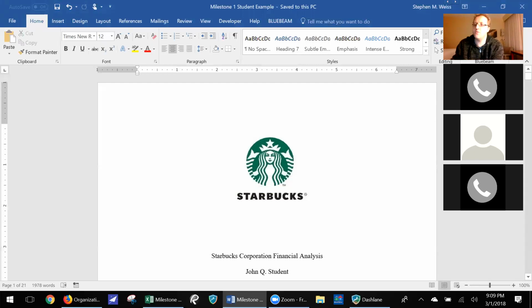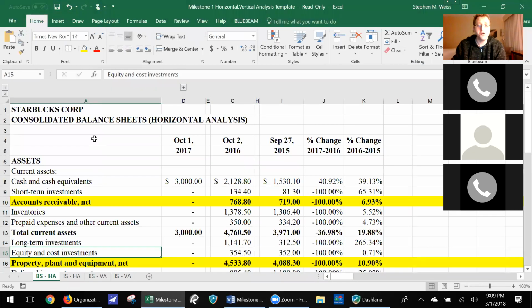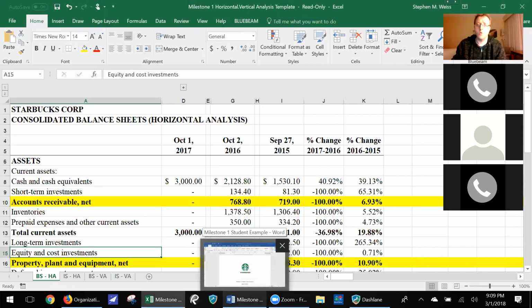But don't be threatened by that, because the 21 pages really is composed of a lot of things in the appendix, like copies of financial statements from annual reports. She actually even copied the consolidated balance sheet, the horizontal vertical analysis, and put it into the appendix as well. And she put a lot of tables into the paper as well, which increased the length of the paper.